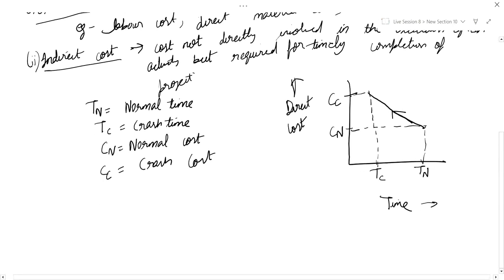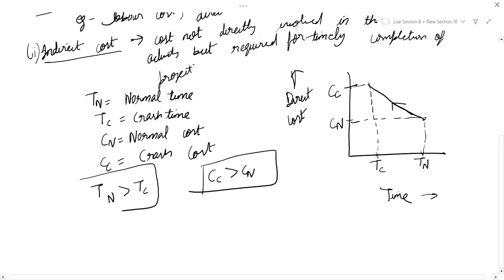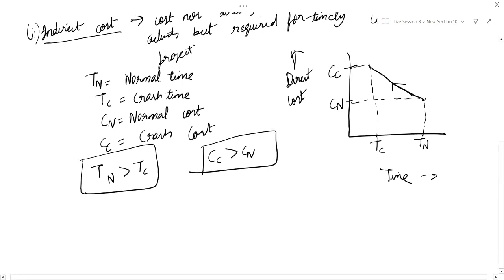Now we will observe that the normal time is always greater than the crash time and the crash cost is always greater than the normal cost. This is very important.